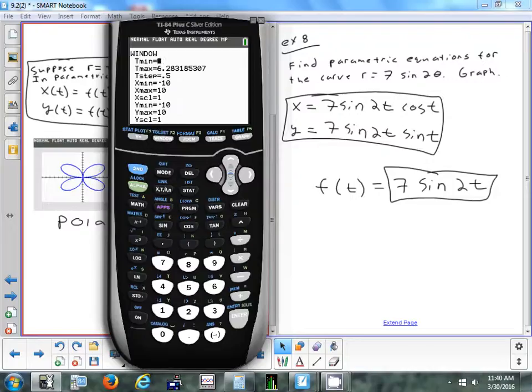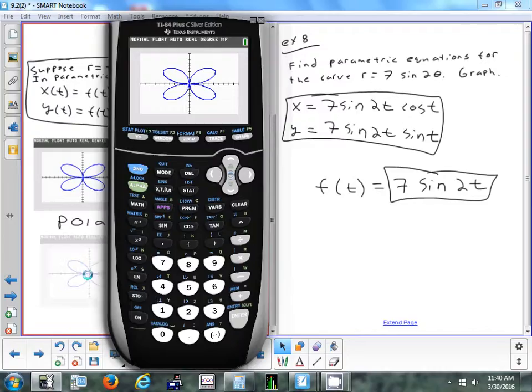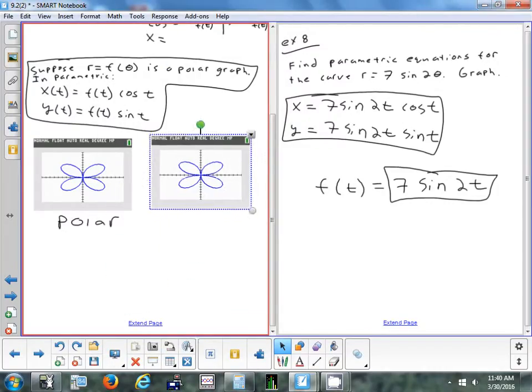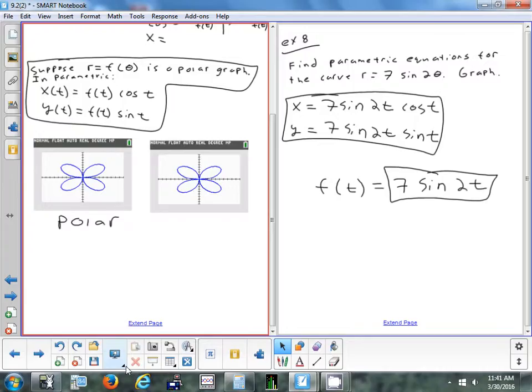I'm in degrees, so I need 0 to 360. And then instead of 0.5, do 10. Yeah, 10 will probably be okay. It'll be blocky, and maybe try 5. If you went by 5, it would probably smooth it out a little bit. And that's parametric. So exactly the same picture. One's polar, one's parametric.